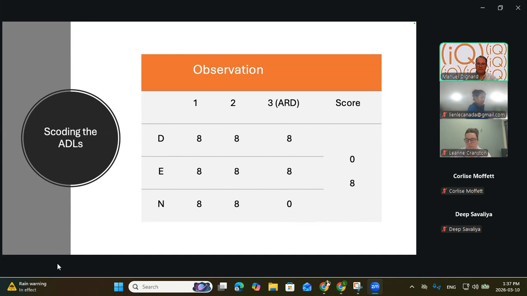So correct. It only happened once, so you code it a 0. Doesn't matter what the one episode is, you code whatever that level is.